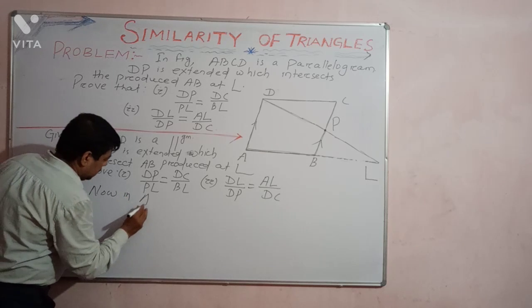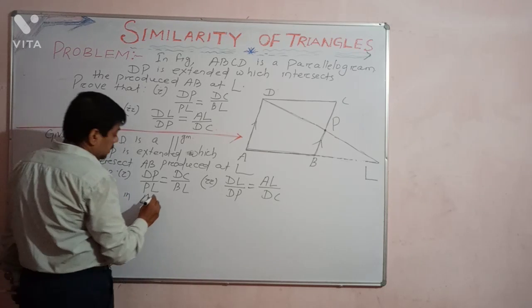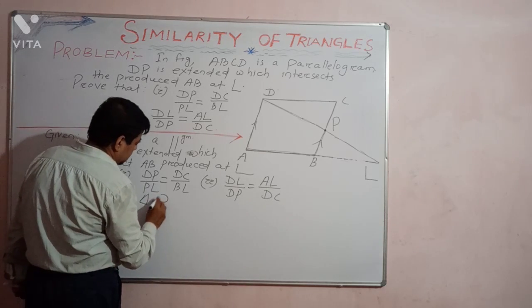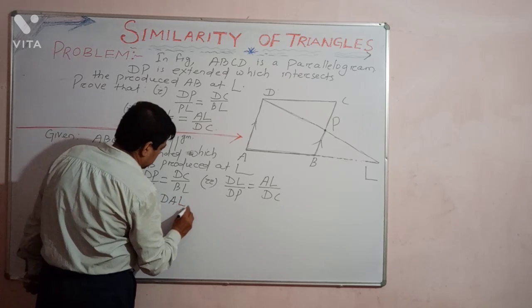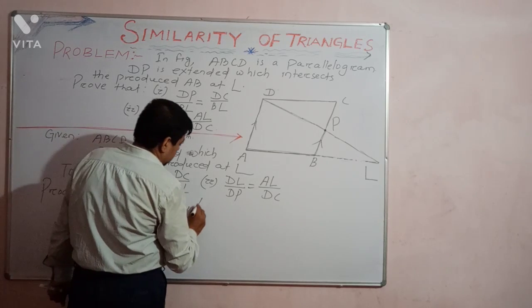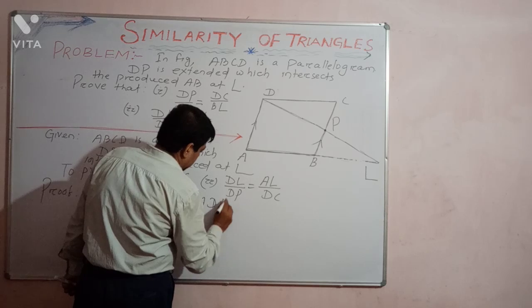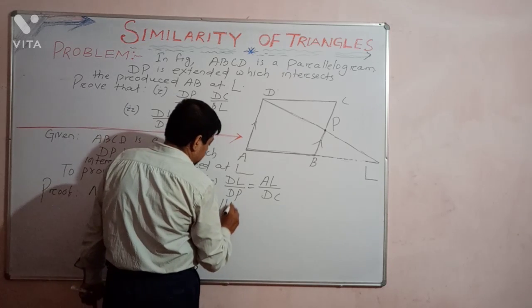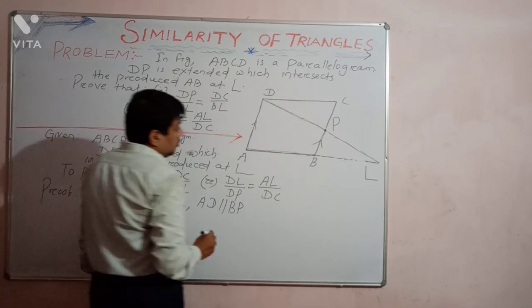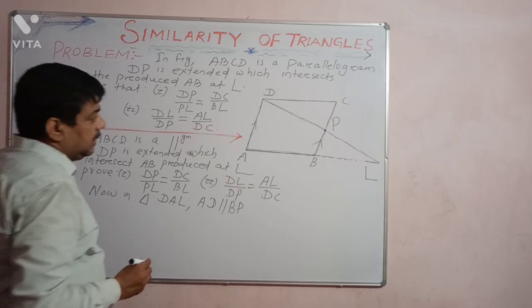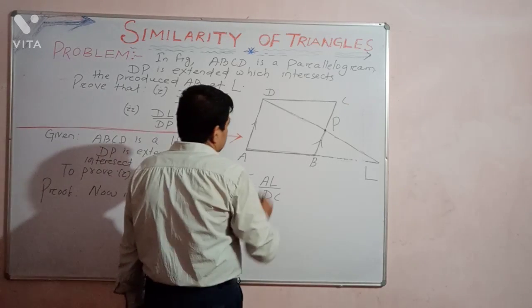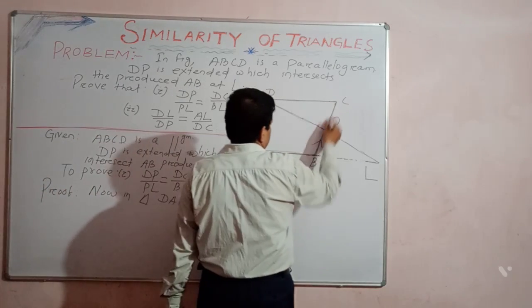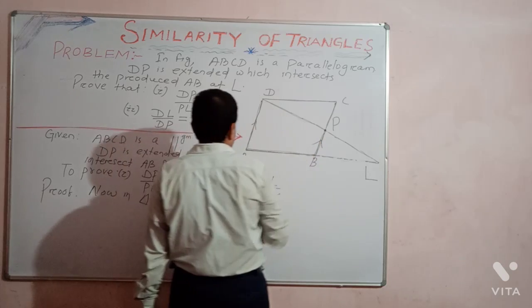In triangle DAL, look here, AD is parallel to BP. Why? Because BP is a part of BC and BC is parallel to AD. That is why BP must be parallel to AD.